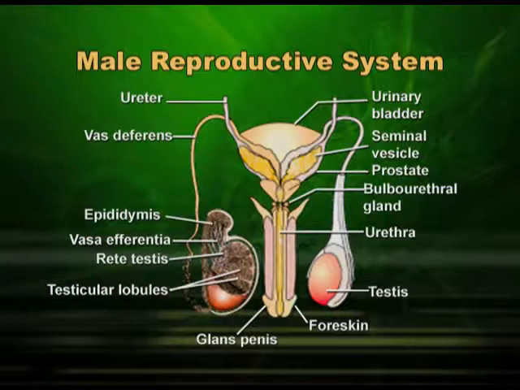Going back to the vasa efferentia, they will come out from the testis through the rete testis and will end on the epididymis. You can see in this diagram on the left side the epididymis.